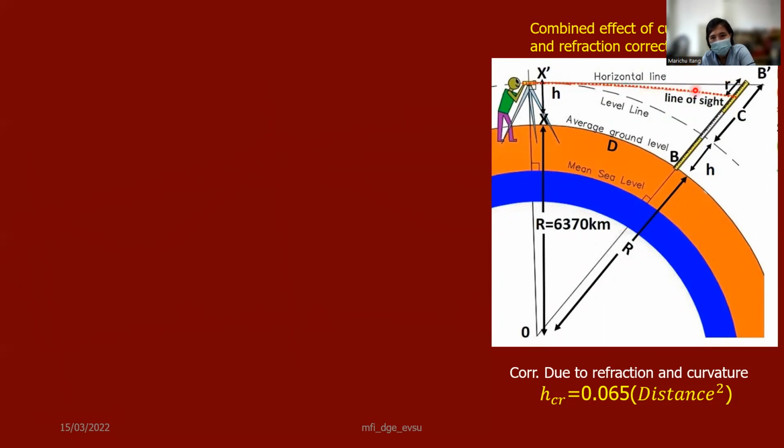Since yung ating line of sight, nagbe-bend siya because of the refraction. And this one here is the refraction, and this one is the effect ng curvature. Right? So if we combine this one, this is equivalent to 0.065 times the square of the distance. So pag naglo-longer yung ating distance, mas lalaki yung ating curvature correction.